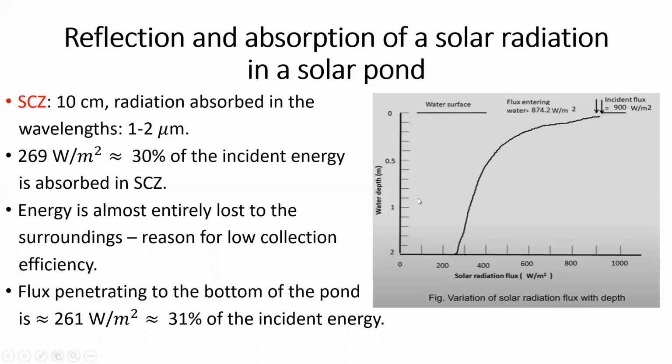From the graph, you can see that after the water surface, the 10 centimeter thick upper convective zone, or surface convective zone, absorbs almost 396 watt per meter square of radiation at 1 to 2 micrometer.